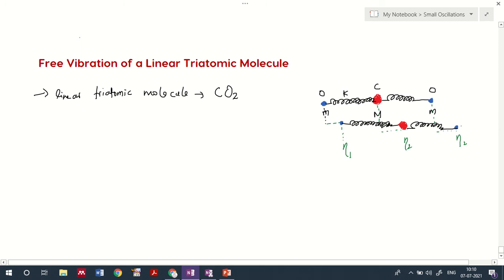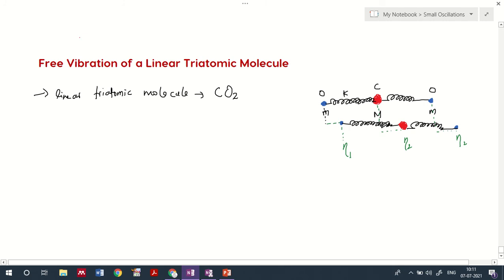These are our oxygen atom, carbon atom, and this is again an oxygen atom. So in carbon dioxide, we treat this as a linear triatomic molecule where three atoms are there, bonded by an interatomic force. That you already know. And now we treat this as a harmonic oscillator by itself.